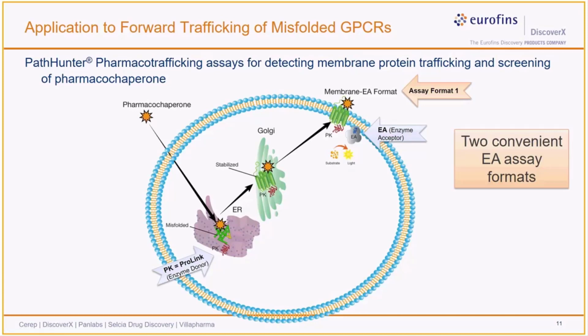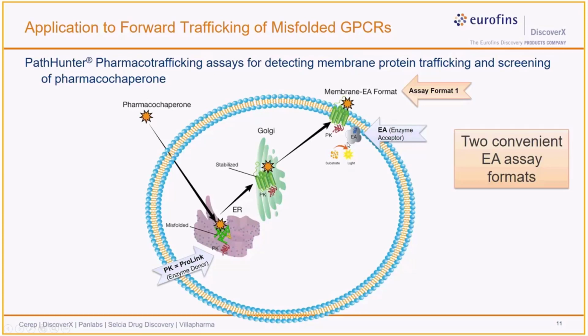So what happens in this format, once you add your pharmacochaperone, it penetrates through the cell membrane, binds to your specific membrane protein that has been mutated or destabilized in some sort of way. Maybe it's misfolding. It stabilizes the target, which allows it to shuttle to the surface where the PK tag can now be in close proximity to the EA tag.